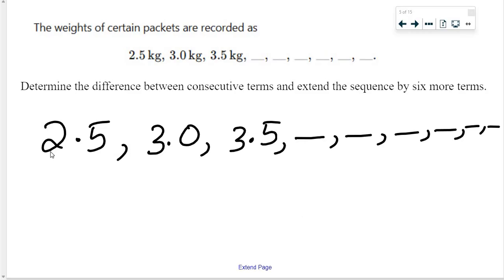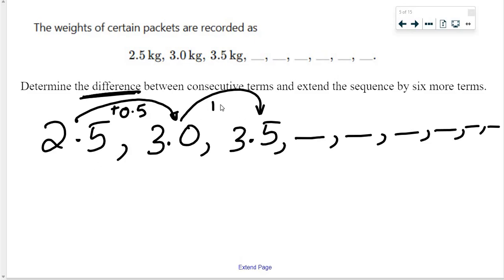Okay. Now the question is, determine the difference between consecutive terms and extend the sequence by 6 more terms. Okay? So here we have to find from 2.5 to 3.0, there is an increase of 0.5, meaning add 0.5.